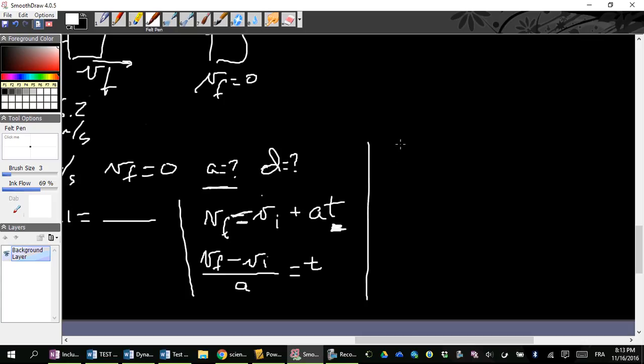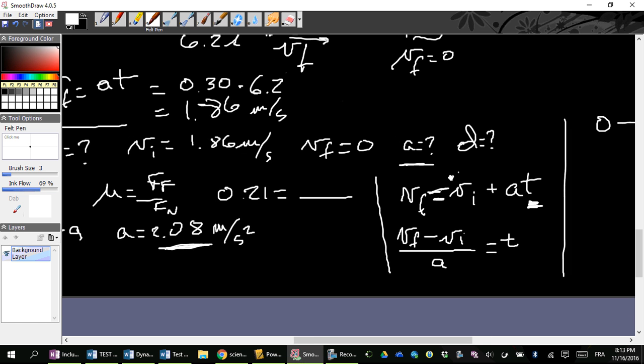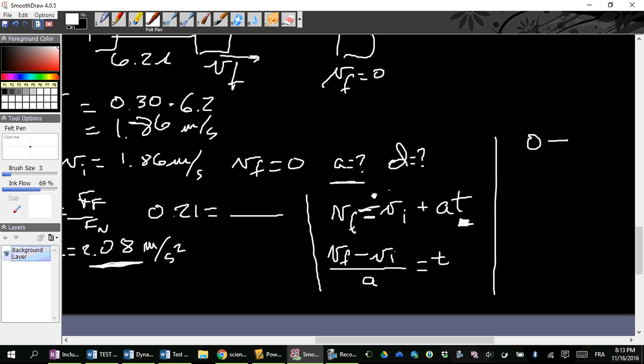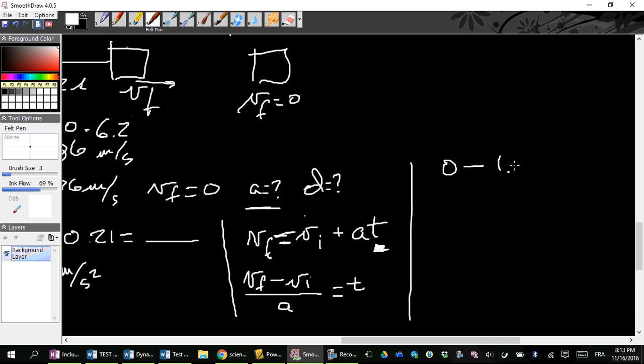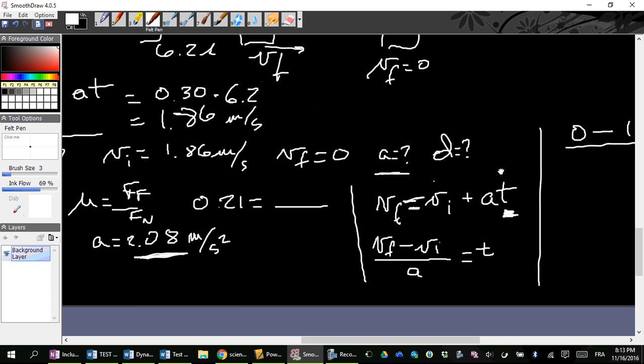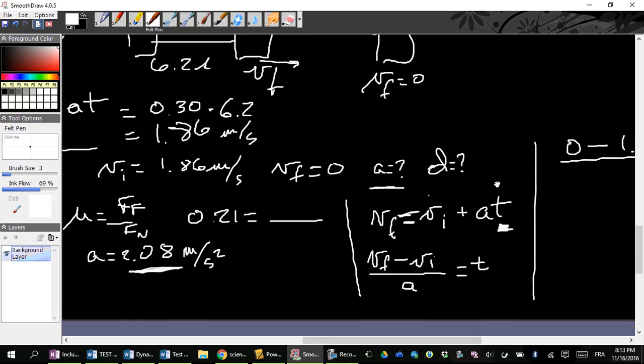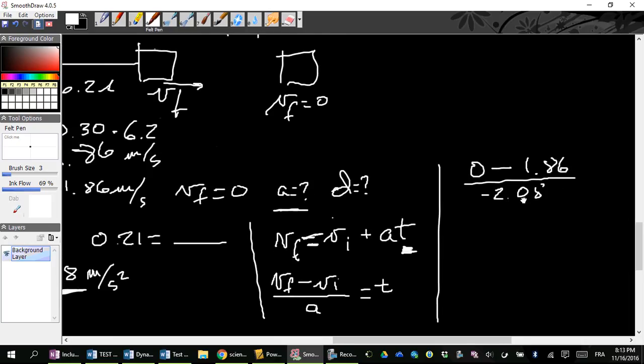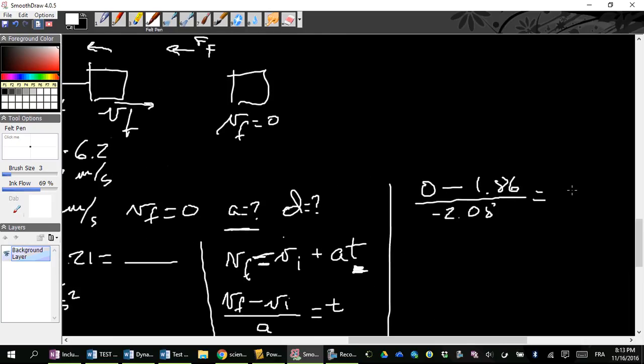Here at the top, VF is 0 minus VI, which is 6. Now my acceleration is negative because it's accelerating negatively. So negative 208. And I'm done. So enter that.